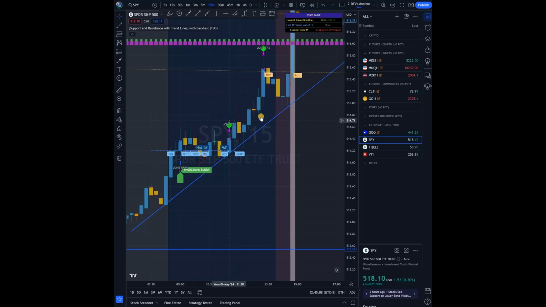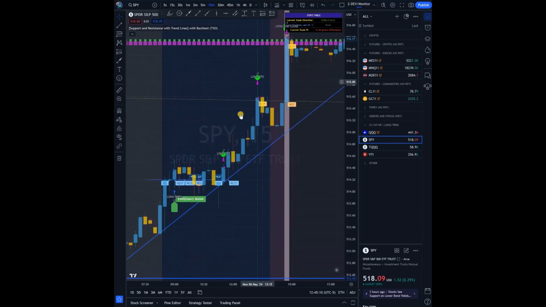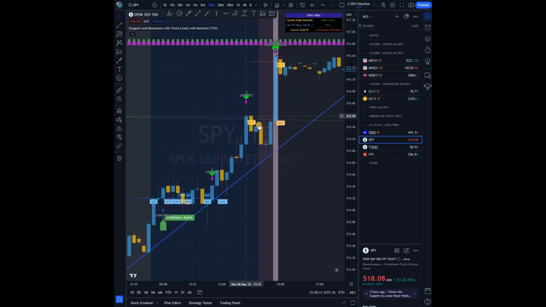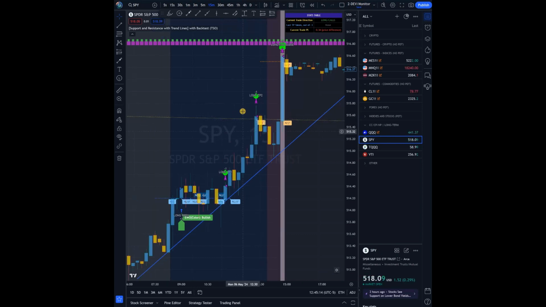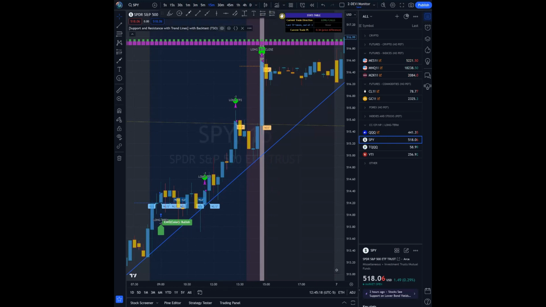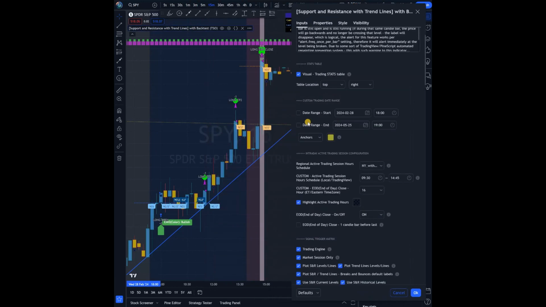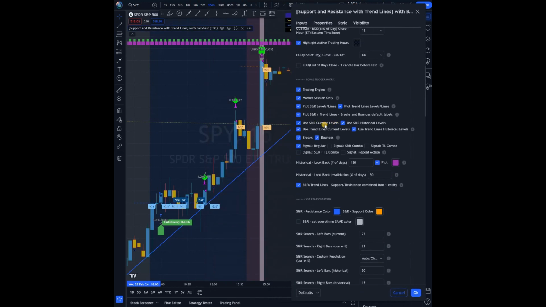So this is a take profit 1. Take profit 2 is taken upon next break of now it's trend line. So whatever is turned on here, use SNR current levels, use these levels, whatever is turned on here, breaks need to be turned on for this.